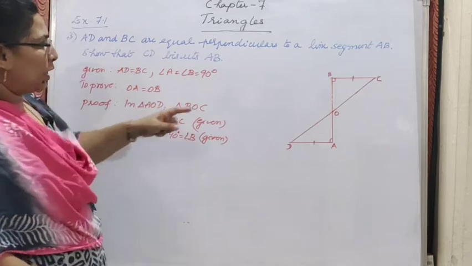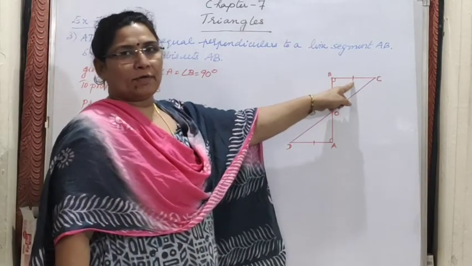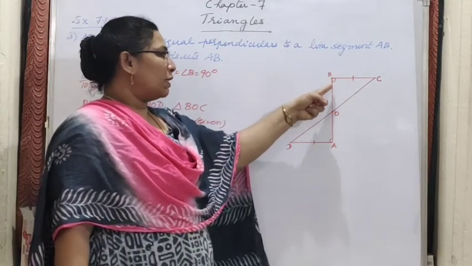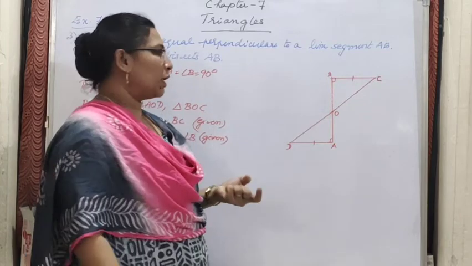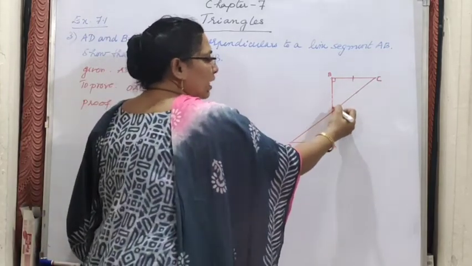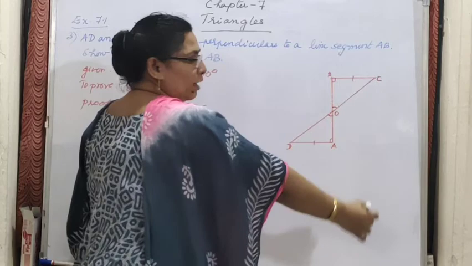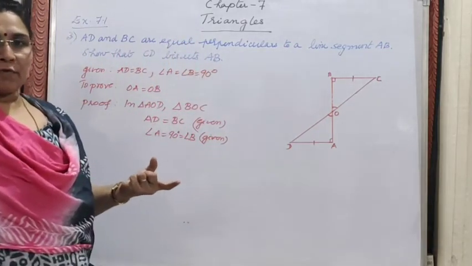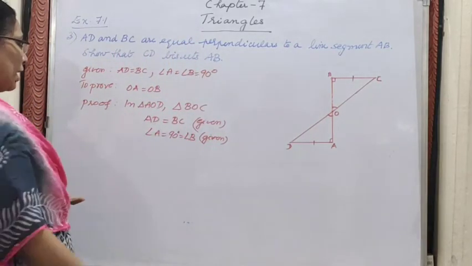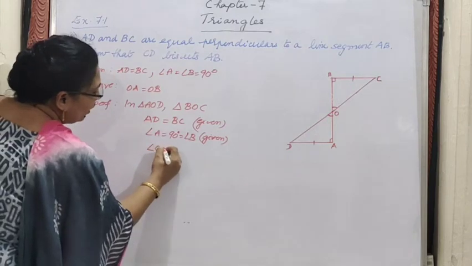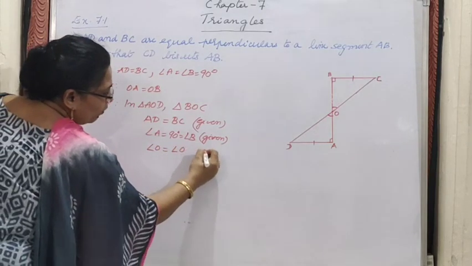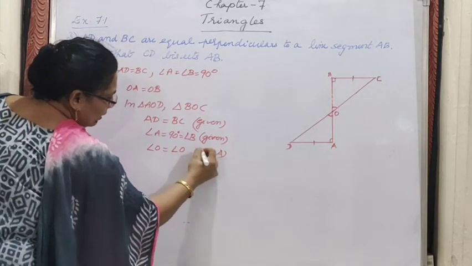Now we got one angle, one side we got. There is no chance of getting the other side, so we go for the angle only. See this angle, angle O, and this angle O. So what type of angles? Vertically opposite angles. So what we should write? Angle O equal to angle O, vertically opposite angles.